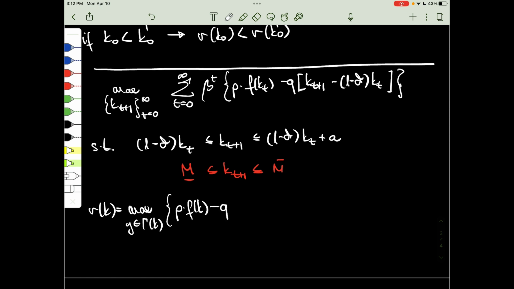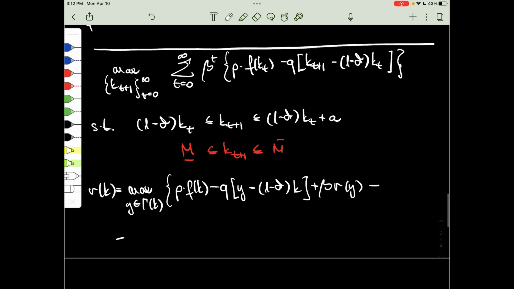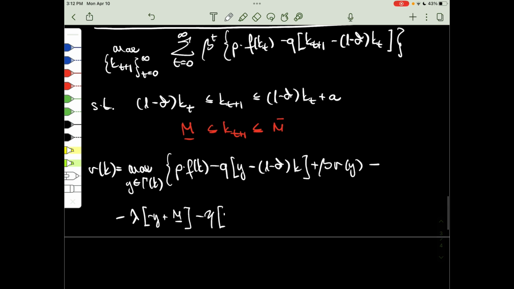Once again, we are using the Kuhn-Tucker theory just because we have constraints given in the form of inequalities. So this is one Lagrangian multiplier for the lower boundary, and another Lagrangian multiplier for the upper boundary.